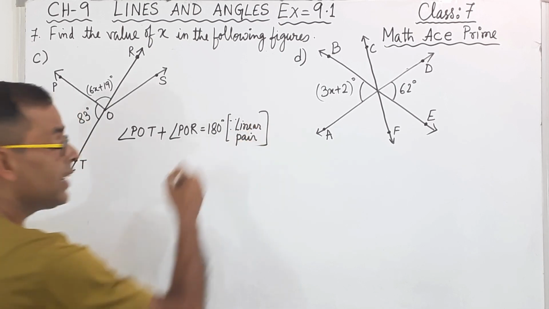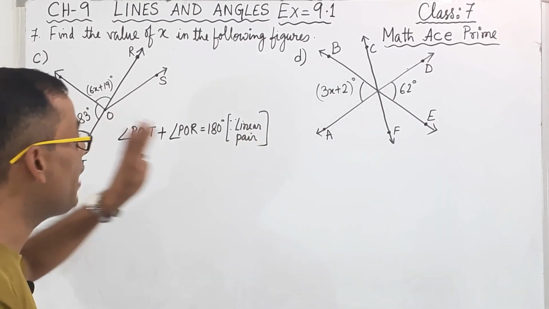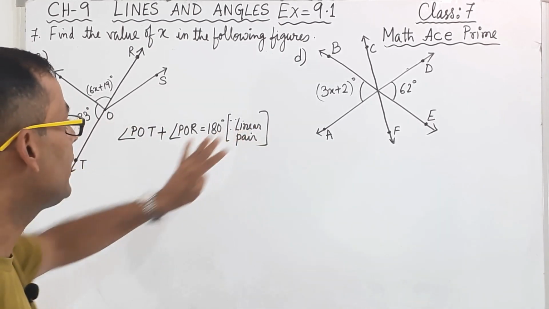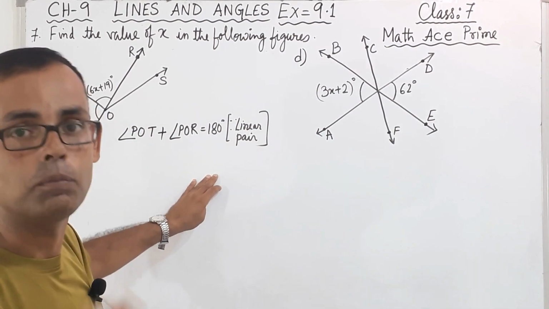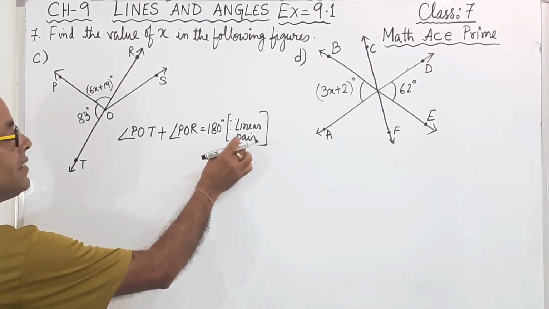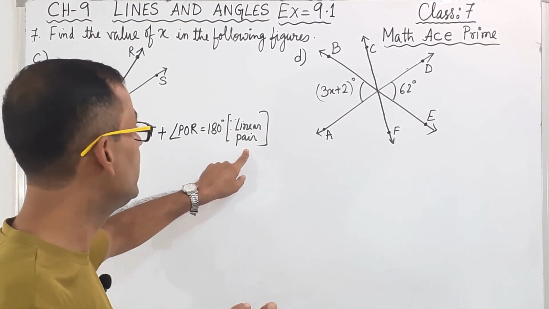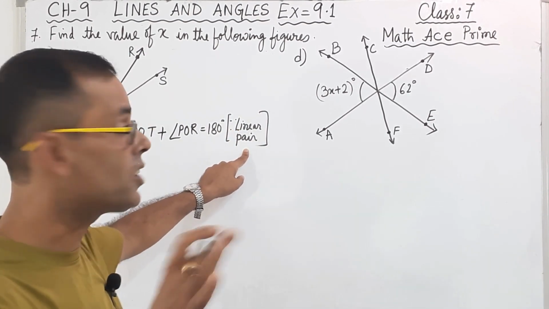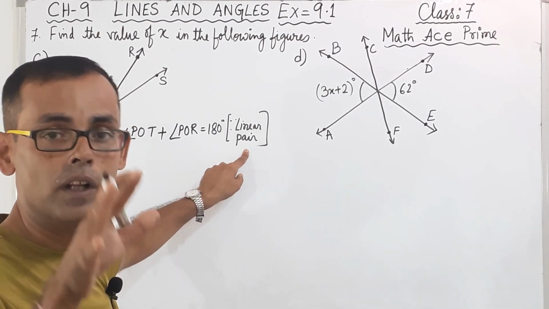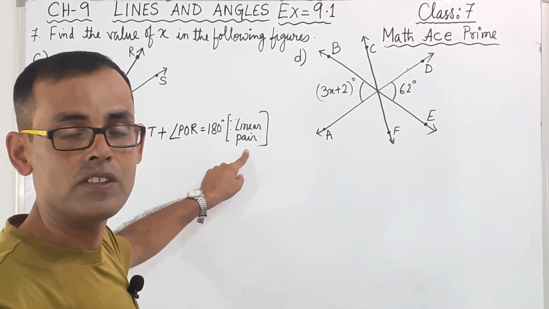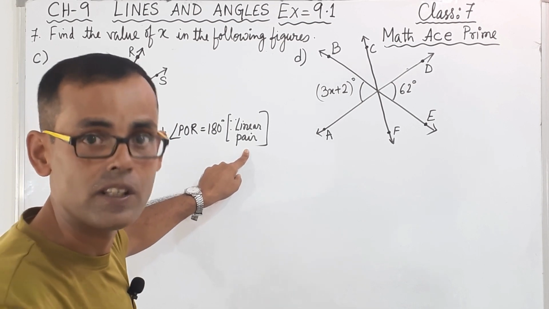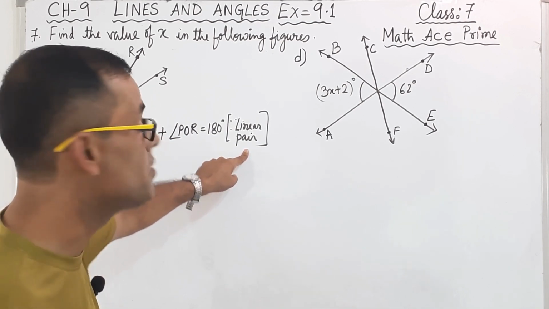So this reason, in geometrical sums you have to write the reason, otherwise the teacher will cut marks. Clear? So this reason is very important, and to know the reason you have to know the concept. That's why whenever I am teaching you a new sum, if the concept is new, I am teaching you the concept also, the new terms I am teaching you.